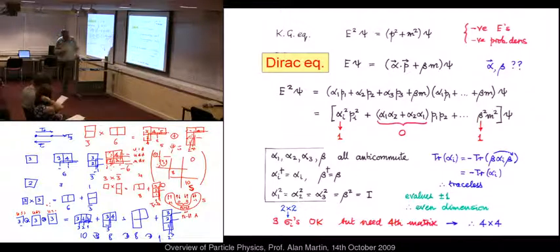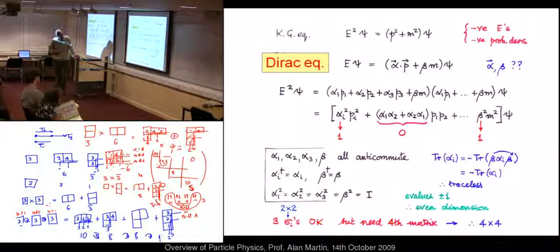So these things that we don't have a clue about, we know quite a bit about them. They all anti-commute with each other. This is an observable, so they're all Hermitian. They all square to 1. So we're following our noses, and we've got quite a lot of information on these matrices.